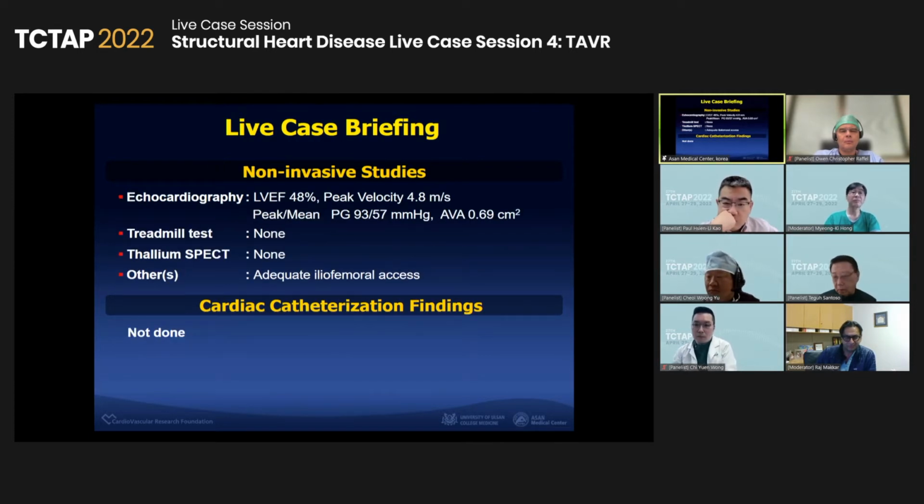The echocardiography shows mild LV dysfunction, and the Vmax of the aortic valve is elevated to 4.8, and the mean pressure gradient is also elevated to 57 millimeters of mercury, and his aortic valve area is 0.69.